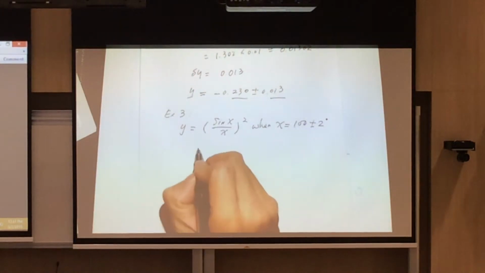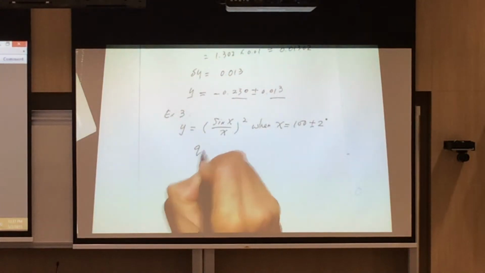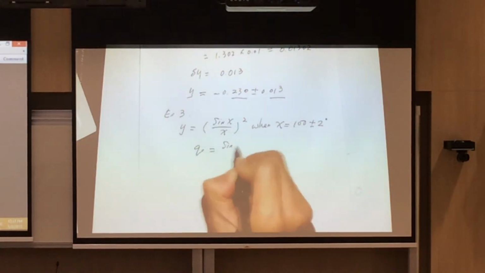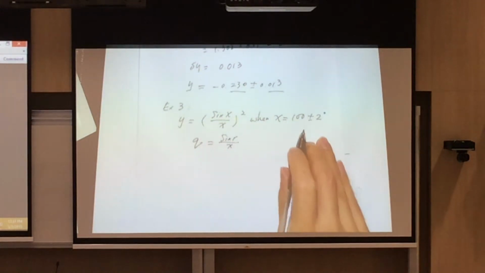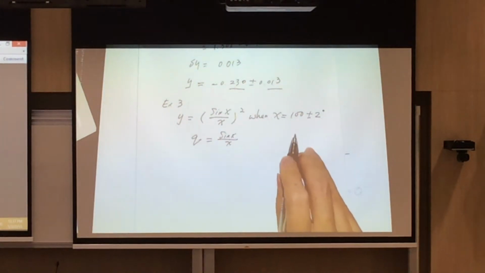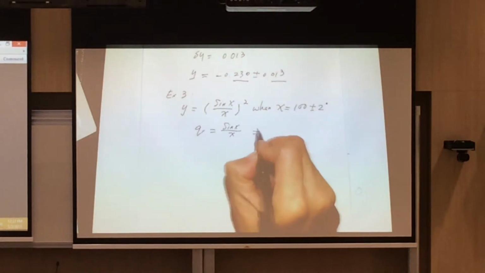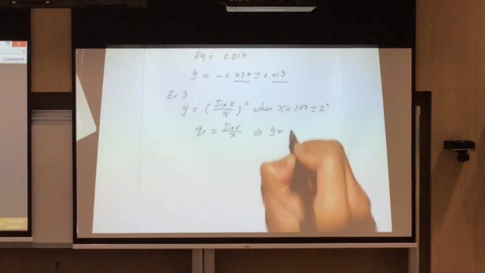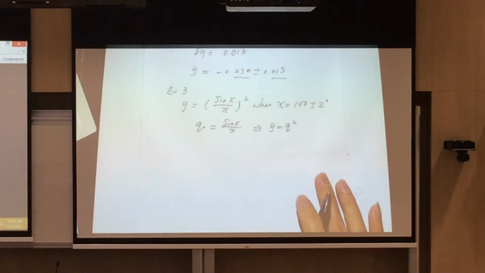So what you can do is substitute. Let's say you make q equal to sine x over x. Then your y equals q squared, right?